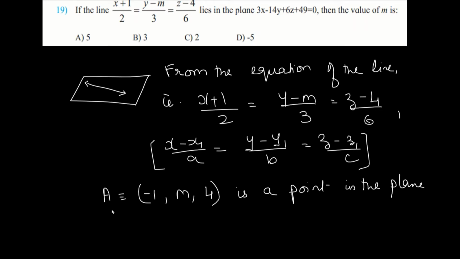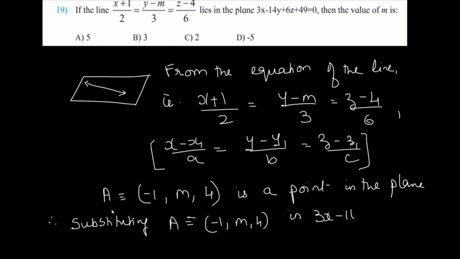So since A is a point in the plane, A obeys the equation of the plane. So therefore, substituting A equal to (minus 1, m, 4) in this particular equation, that is the equation of the plane, 3x minus 14y plus 6z plus 49 is equal to 0.